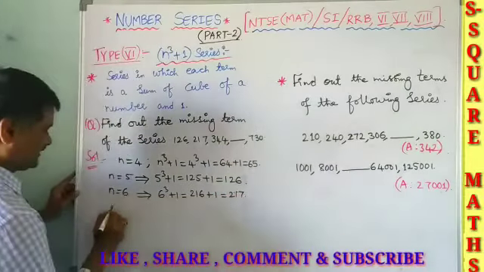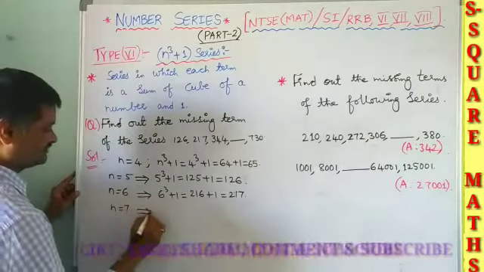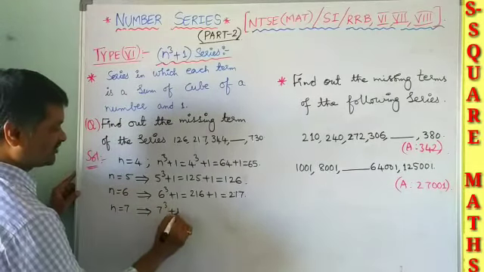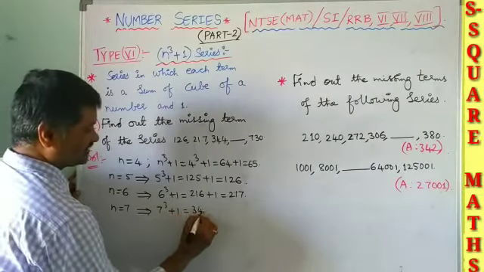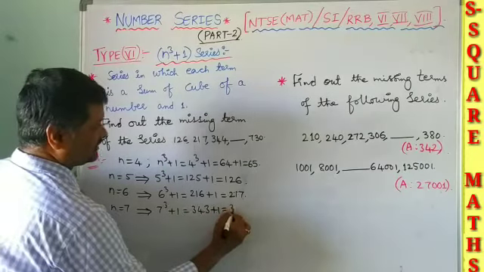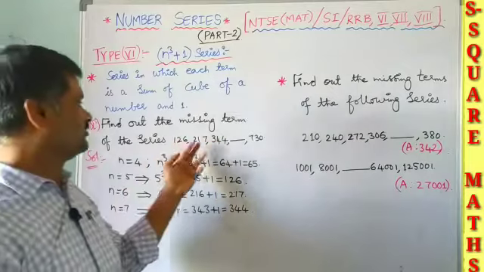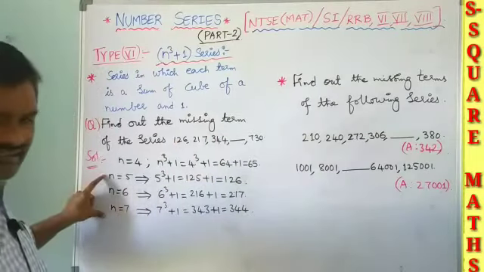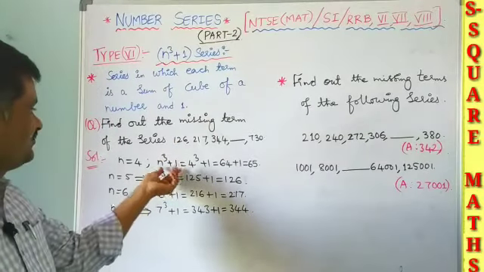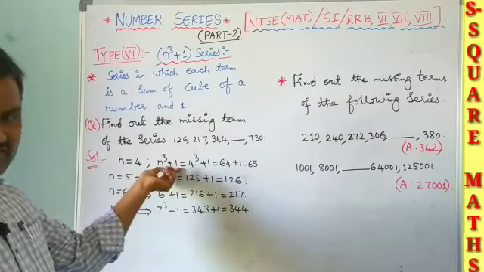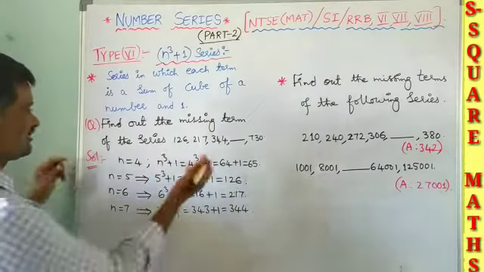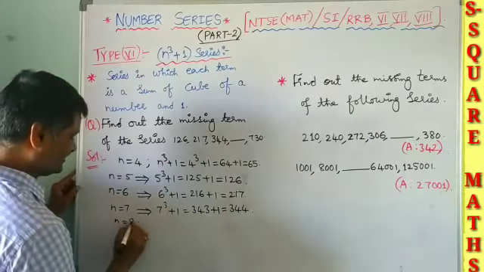Next n is equal to 7 here. So 7 cube plus 1, 7 cube is 343 plus 1, nothing but 344. If you observe carefully, for n is equal to 5 we are getting our pattern, but we checked from n is equal to 4 whether we are going to get it or not. Similarly consider n is equal to 8.